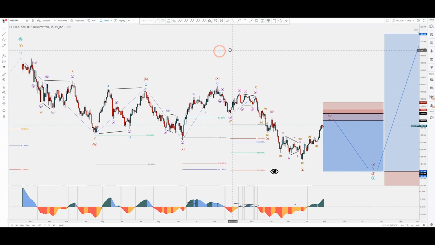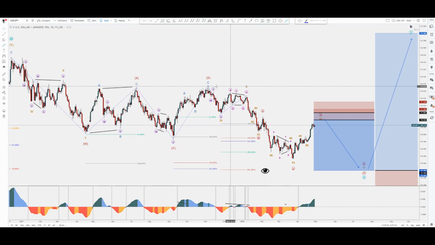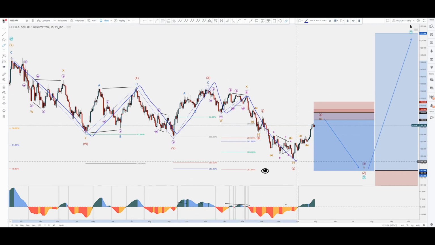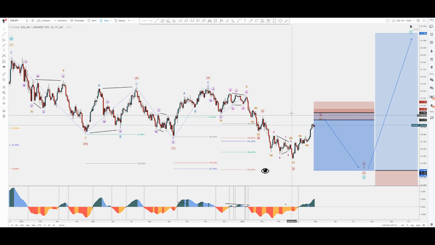USD yen. The daily chart is how I'm labeling this as a very complex triple structure within this corrective piece. So we have W, X, Y, X, and then W, X, A, B, C. Some sort of W, X, A, B, C. But anyhow, it's a very complex structure.